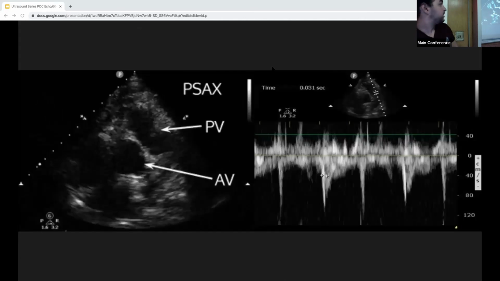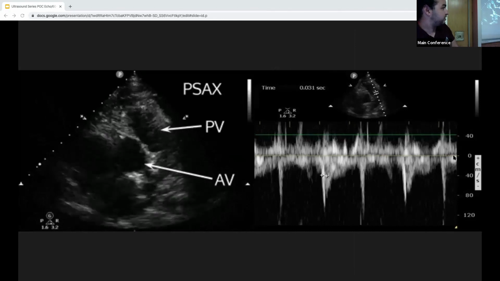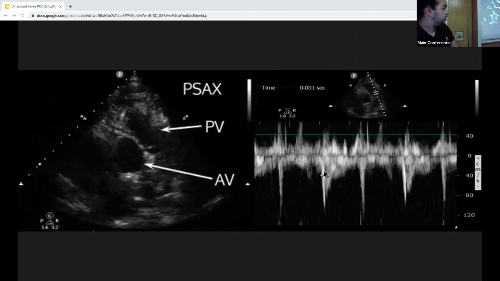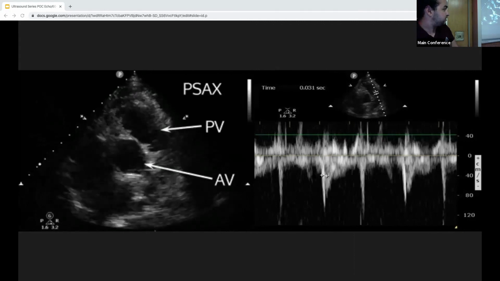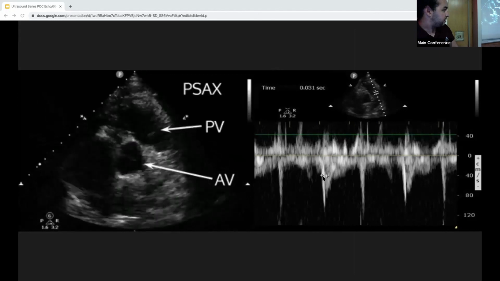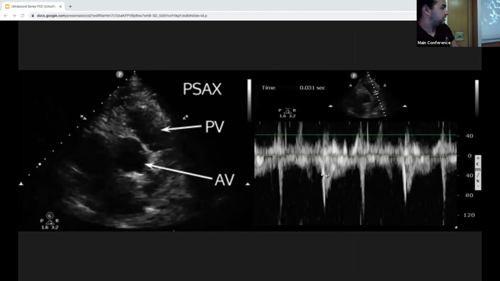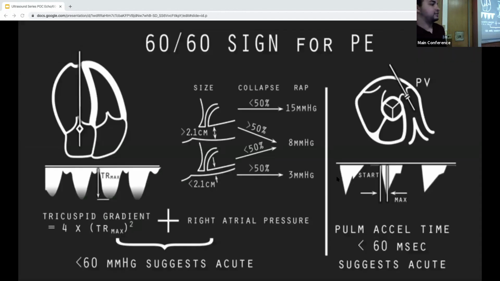You want to place that right over the valve, and then hit Doppler again, and you're going to get this measurement here. You want to measure from the beginning of your spike down to the apex here, just this distance, and that's your pulmonary acceleration time. If that's less than 60, again, then that's another sign specific for an acute PE.